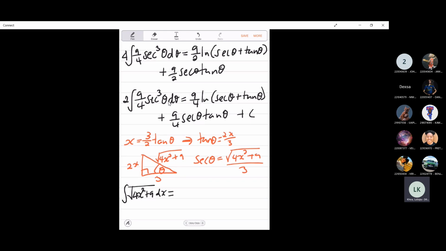And then we have 9/4 ln of sec theta. Sec theta is the square root of 4x² plus 9 over 3. Then tan theta is 2x over 3.